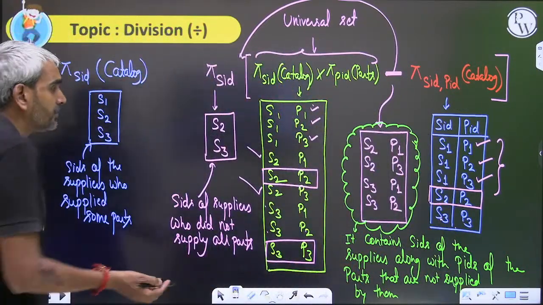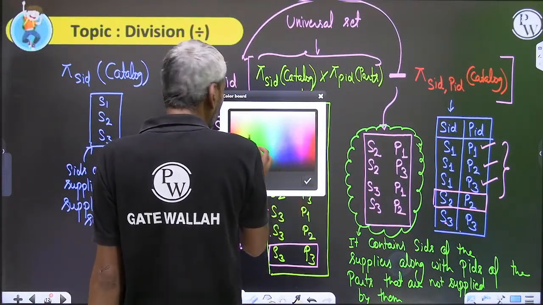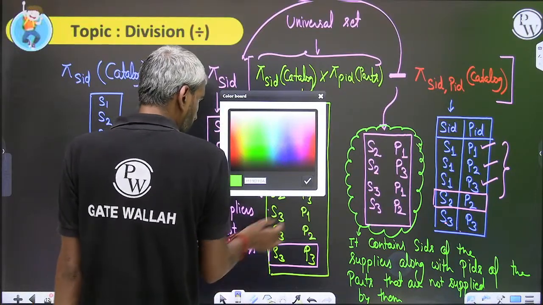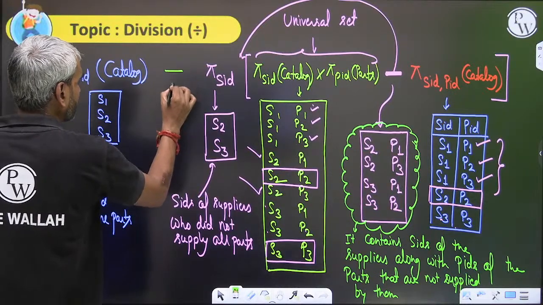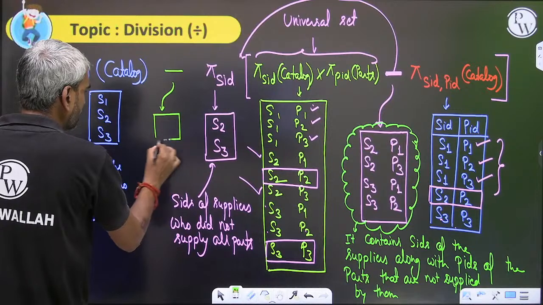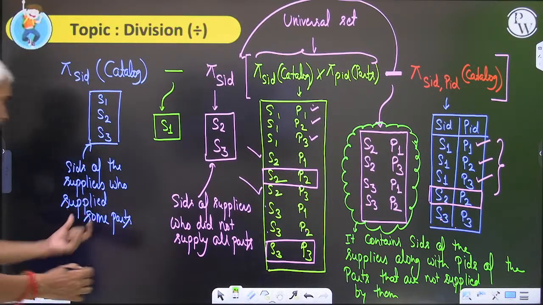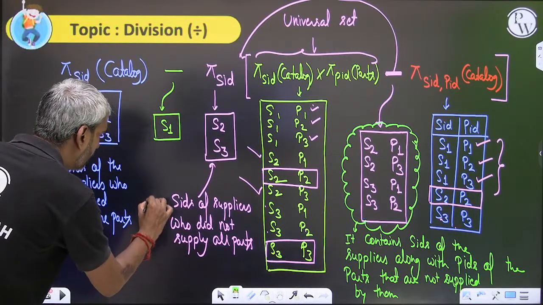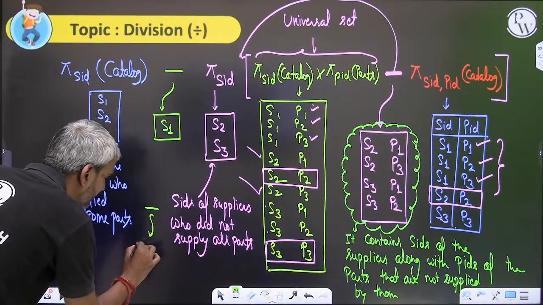So in the end, if I perform this subtraction operation, the SIDs of the suppliers who supplied some part minus the SIDs of the suppliers who did not supply all parts will be the SIDs of the suppliers who supplied all parts.